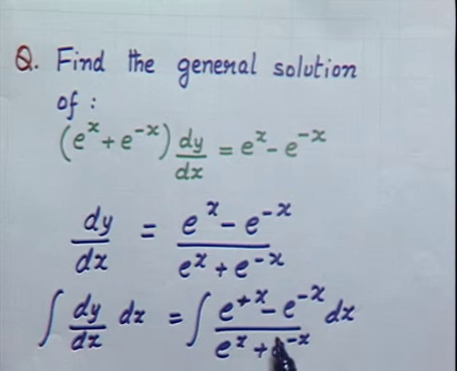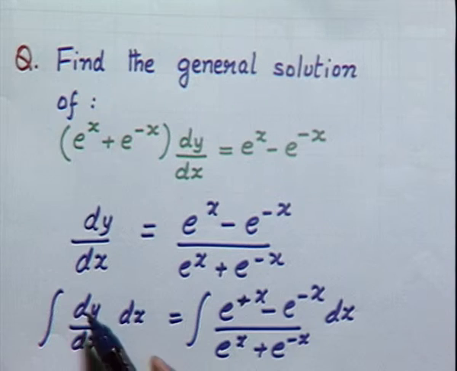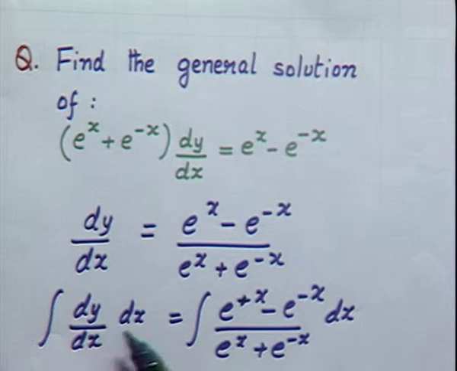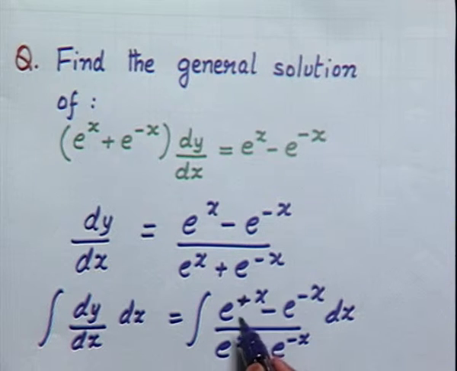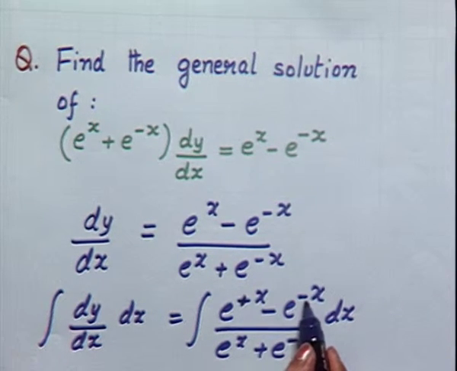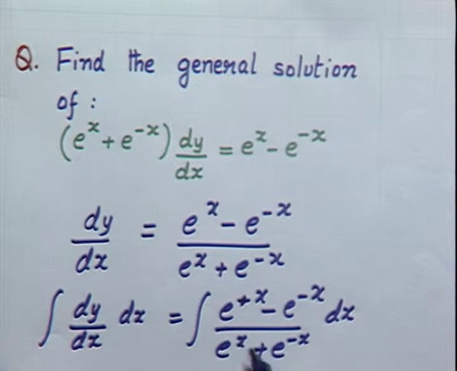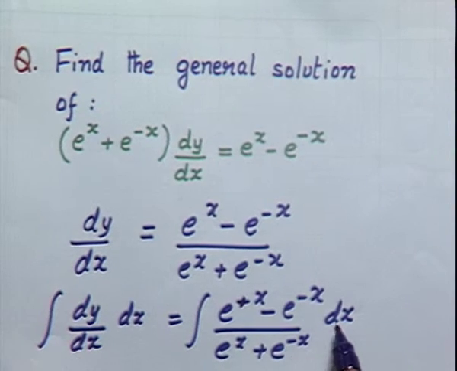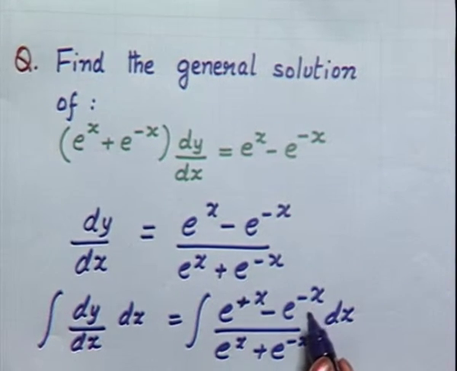We will integrate both the sides with respect to x, and we have integral dy by dx with respect to x equal to integral of (e to the power x minus e to the power minus x) by (e to the power x plus e to the power minus x) with respect to x. Now this is also no trouble.